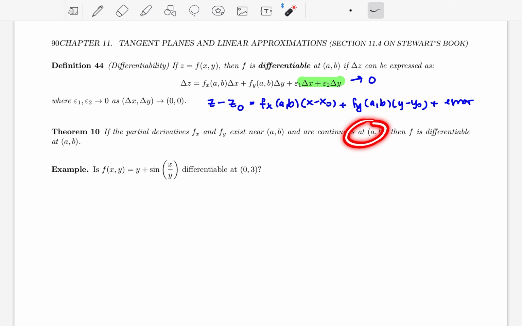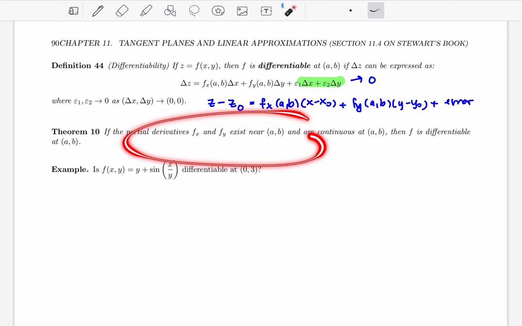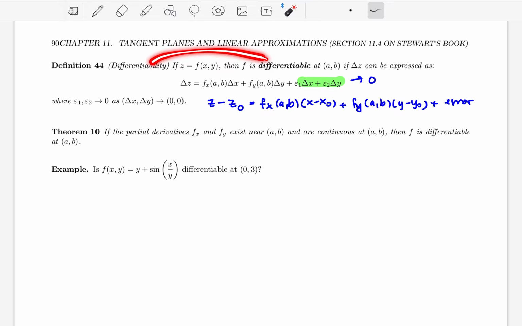If the partials are also continuous, then f is differentiable at (a, b). And that will happen if and only if you can approximate your function with a plane. That is it.